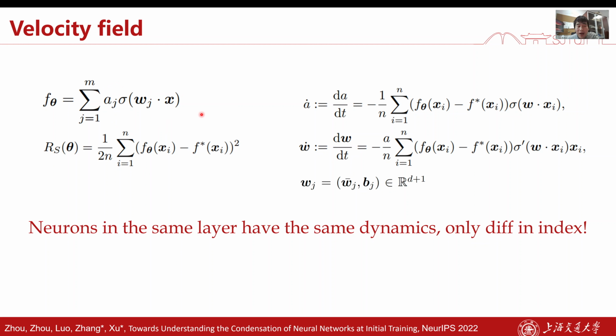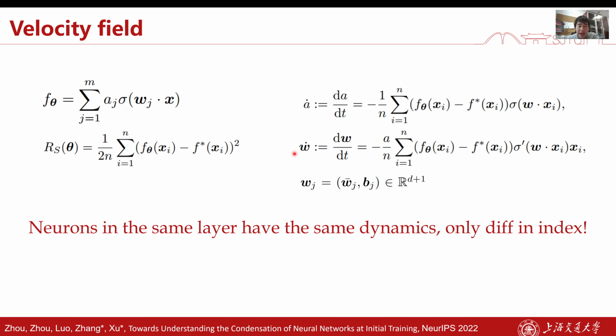Once we write out the gradient flow for W1, we can write out the gradient flow for W2 immediately, because all we need is to switch the index of these two neurons.